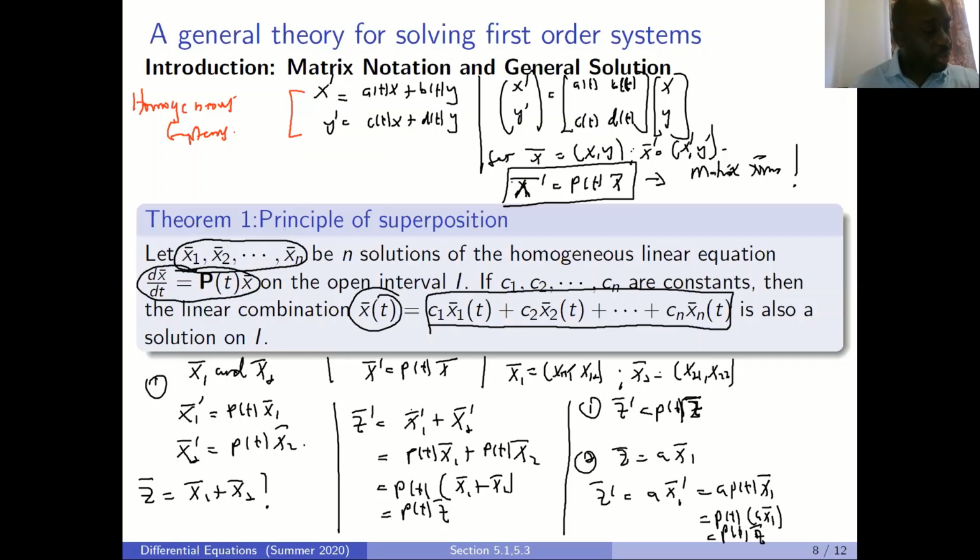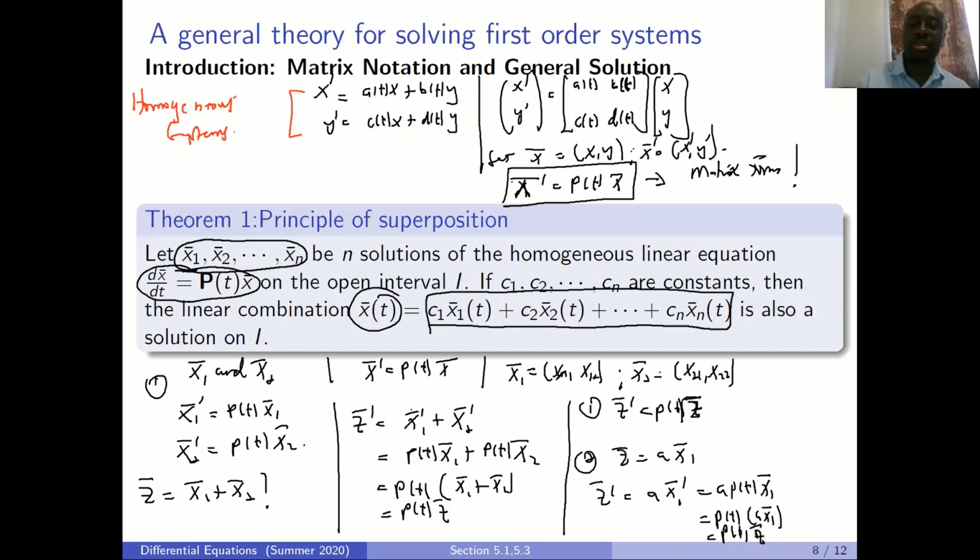And so by virtue of the fact that the principle of superposition holds, we can verify the other properties of the vector space. Based on this foundation, we can infer that the solution set for the homogeneous system is a vector space. The same ideas hold: if we have a system of two equations, the solution space is a two-dimensional vector space.